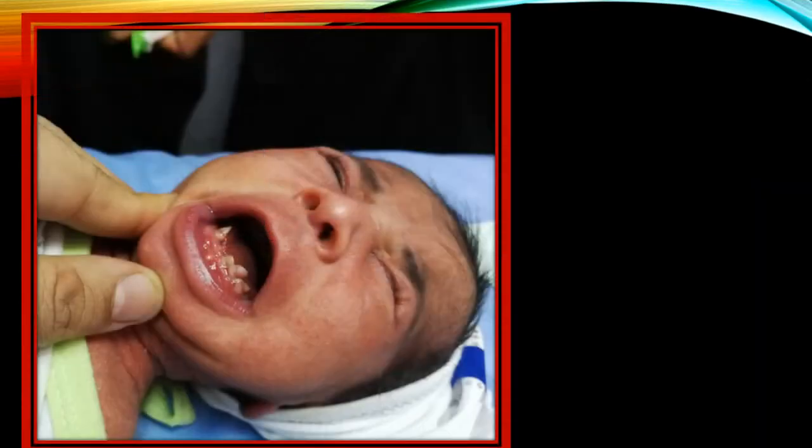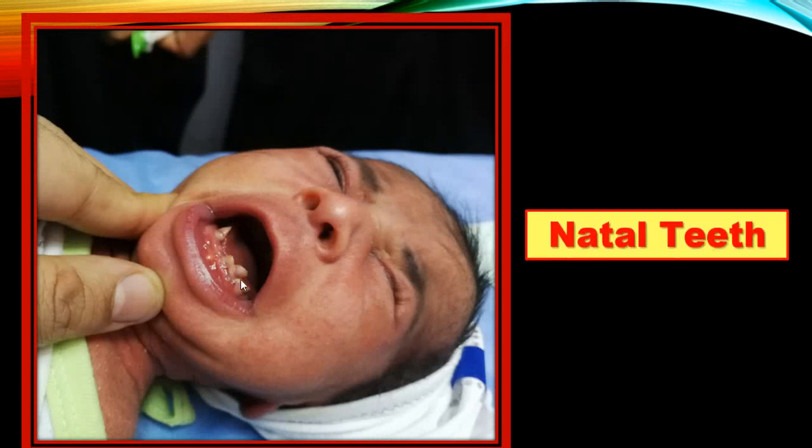And finally, this newborn came to me in the outpatient clinic, and I found he has these teeth. These are called deciduous teeth, and since they are present since birth, they are called natal teeth.